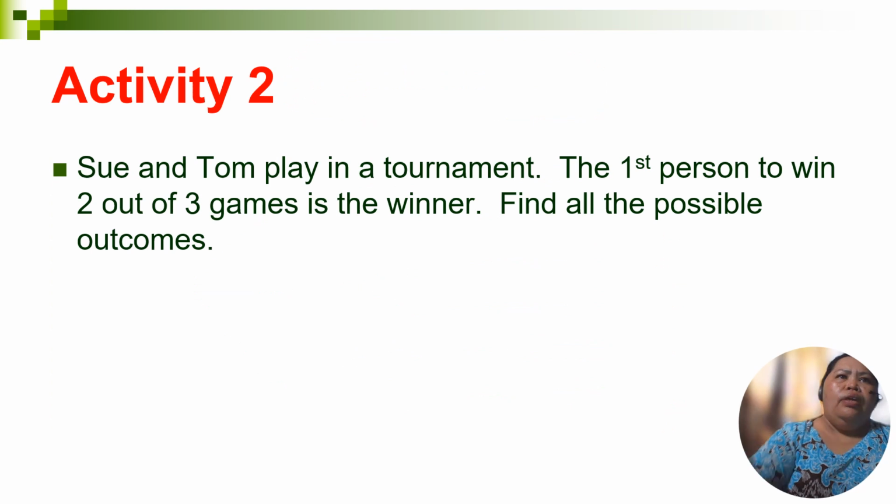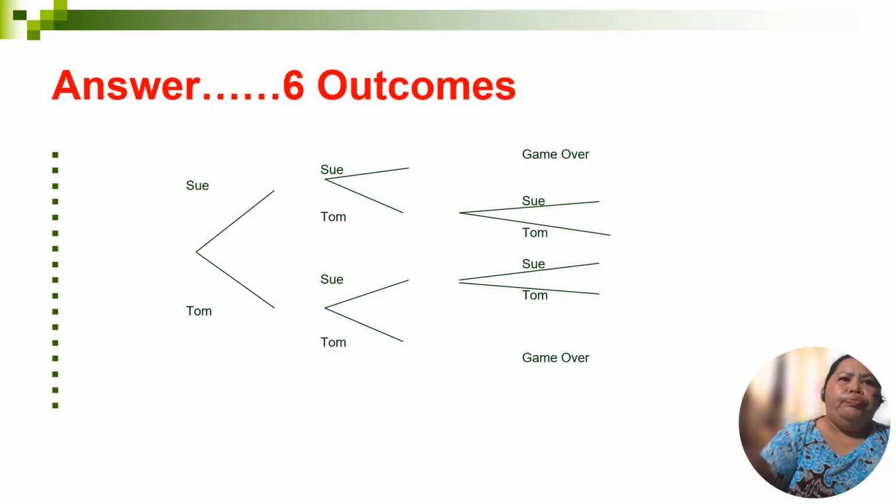Now in this activity, Sue and Tom play in a tournament. The first person to win 2 out of 3 games is the winner. Find the possible outcomes. Here we have Sue and Tom. As you can see, the game is over because there are only two of them.